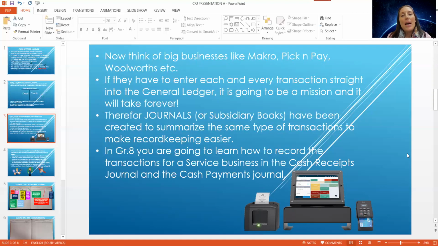Those journals have been created so that we can summarize the same type of transactions. And then at the end of the month, we only take the totals or the summaries of those journals and we take it to the general ledger account. So that is where journals come into play.